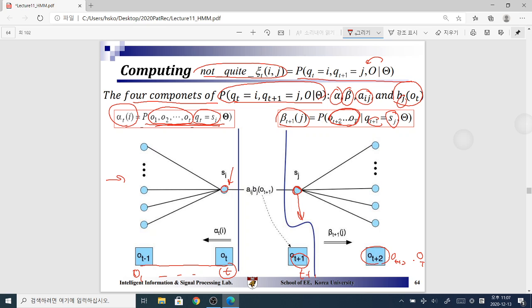So we have indicated two state probabilities with the observation sequence.